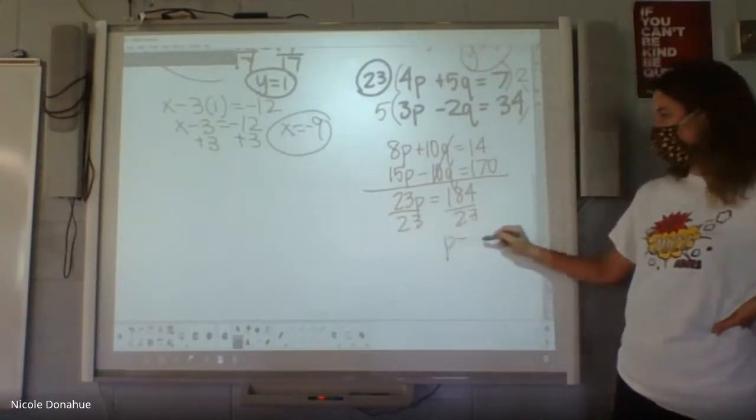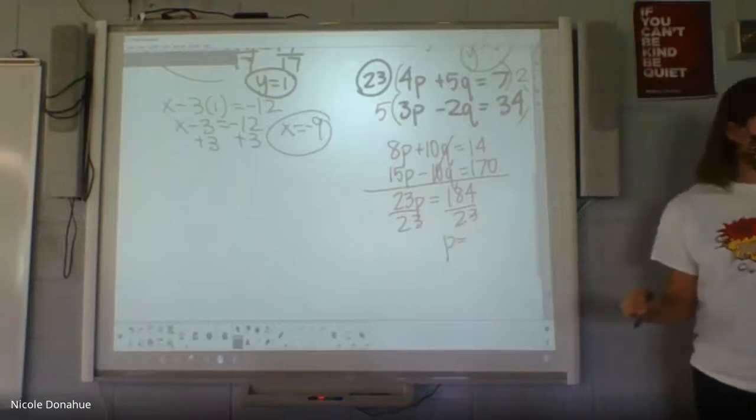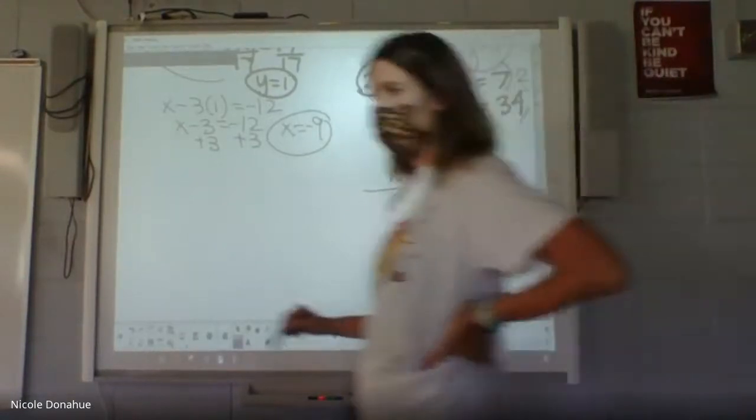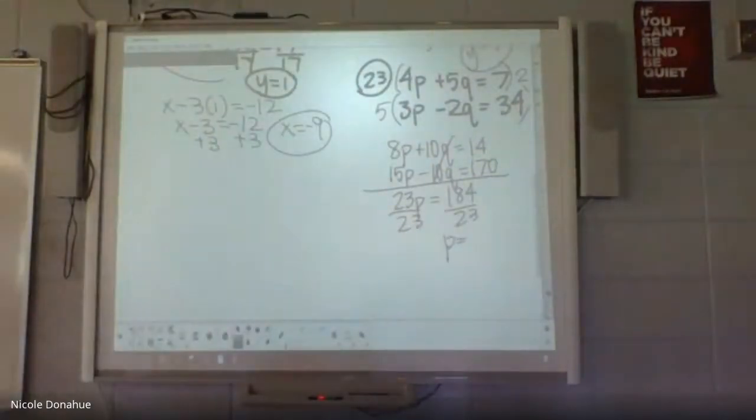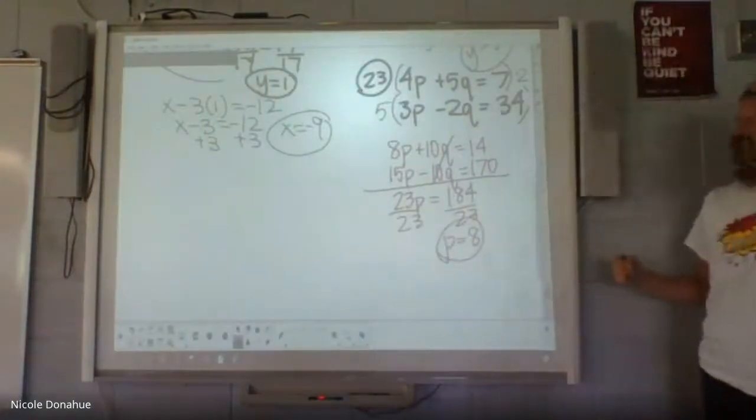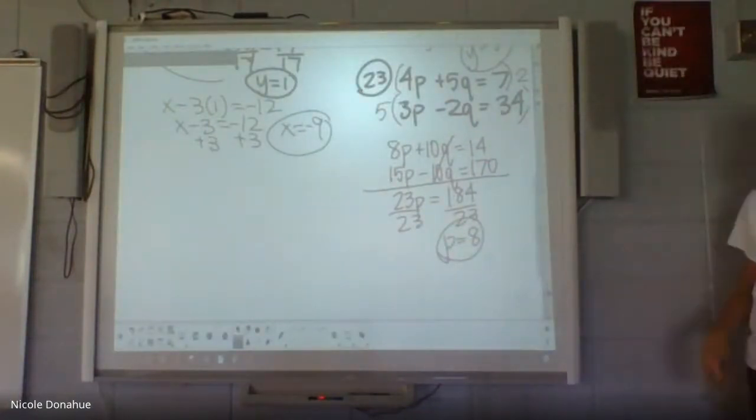Is that 8? Someone help me. I think it's 8, but apparently math isn't really a calculator. Yeah, it's 8, okay, thank you. It's just a good guess based off the type of numbers we have there.